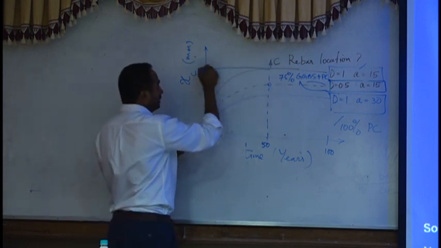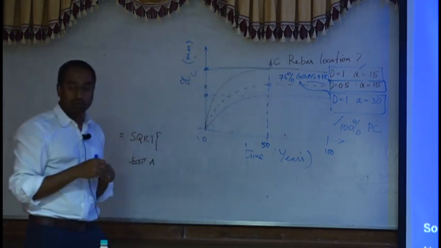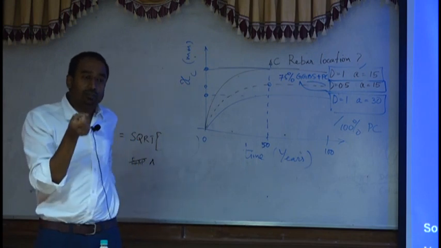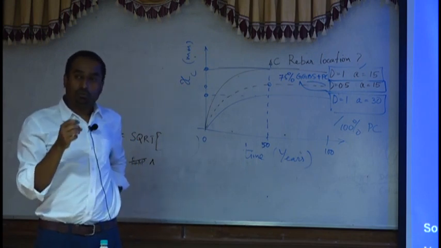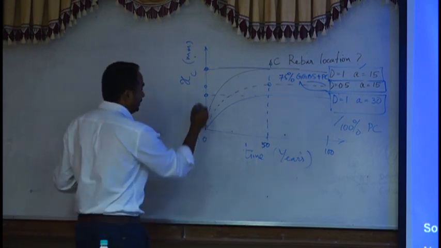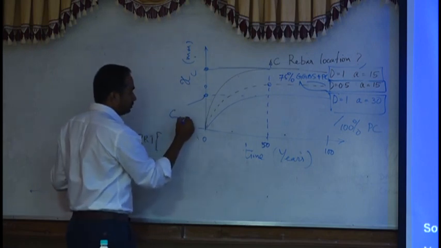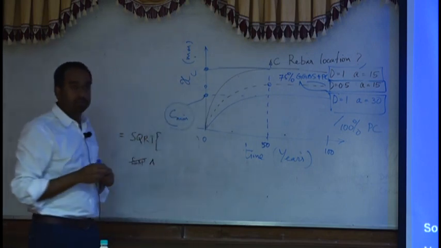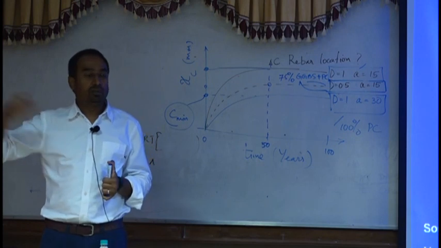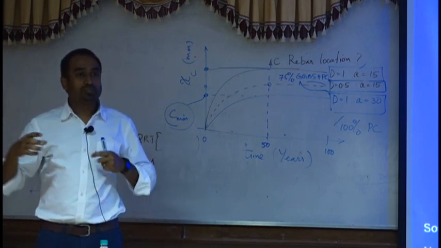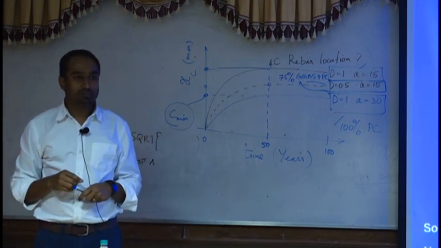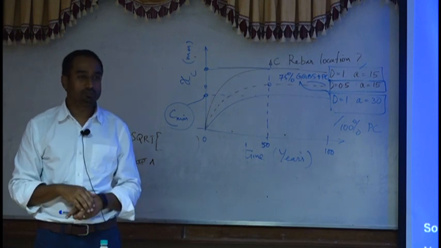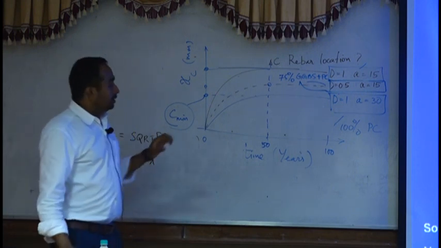And if I'm using that, it'll be a lot more. Okay. And that should tell you the minimum cover depth. So if you take an output from here, you can say this is C minimum. Okay. And like that, you can create C minimum for every exposure environment. And whichever is the maximum of those minimums, you can say that should do the job.